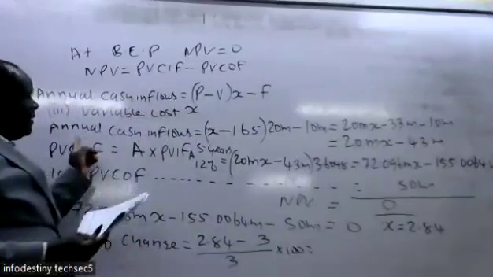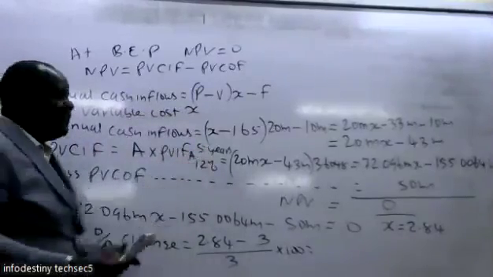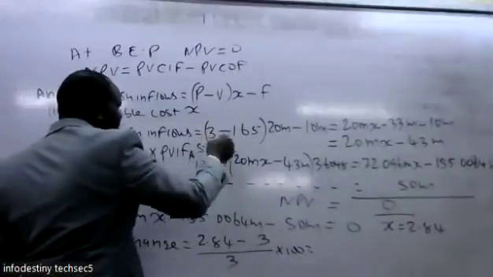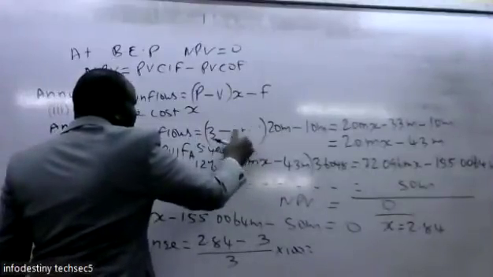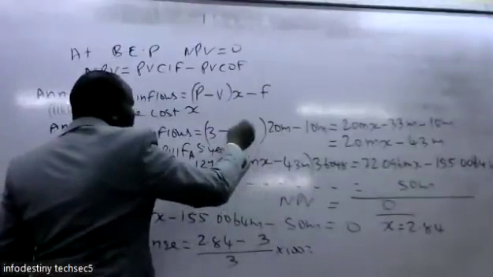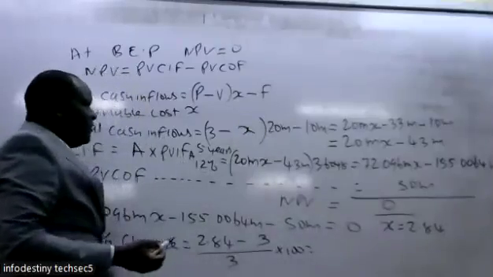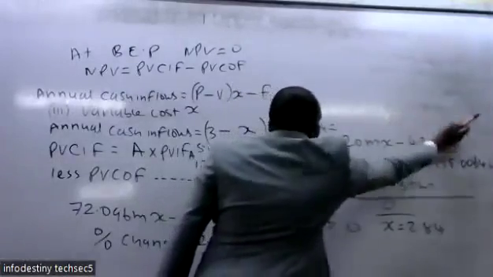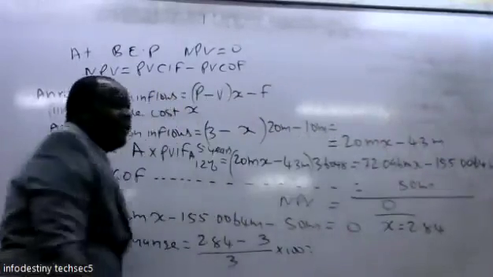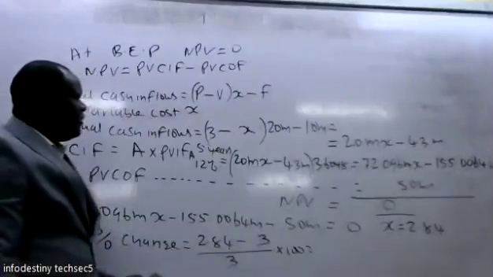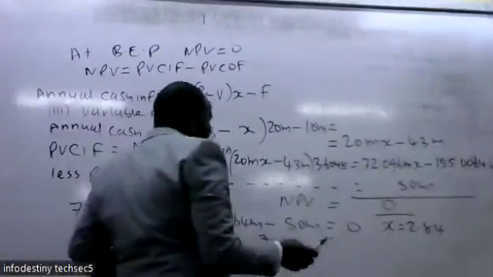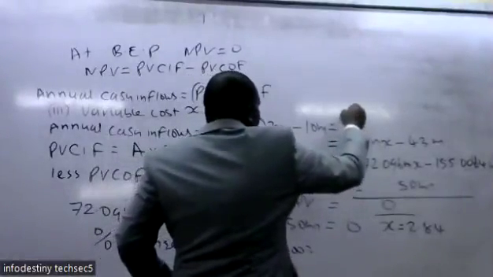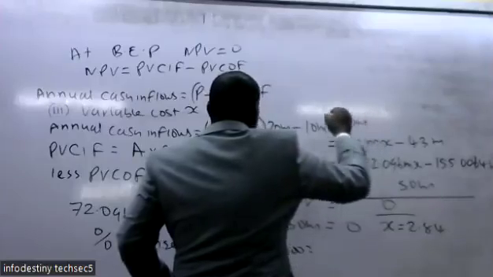So you repeat again. You see our questions. The selling price will go back to 3. But now the variable cost per unit, we make it X. So that we now get the annual cash inflows at that point. 3 multiplied by 20 million will be 60 millions.